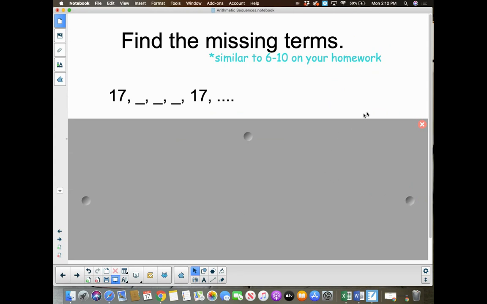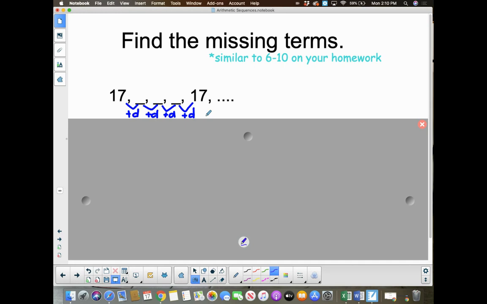Okay, so what if we have more than one blank in between two numbers? So if you think about it, realistically, I would have had to add the same number, which we called the common difference, once there, again, and then one more time.